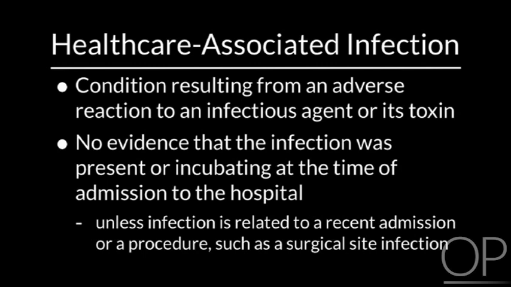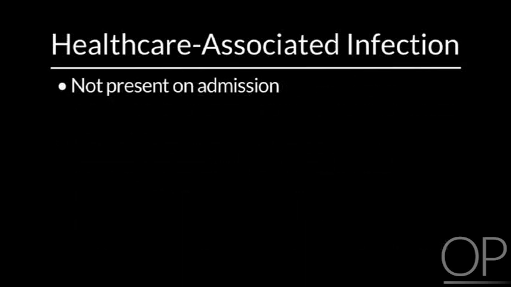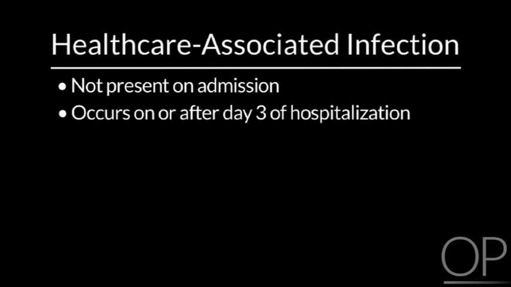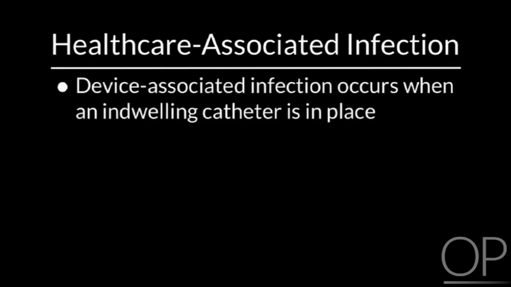Infections are considered healthcare associated if the infection was not present on admission and it occurs on or after Day 3 of hospitalization. A device-associated infection occurs when an indwelling catheter is in place.